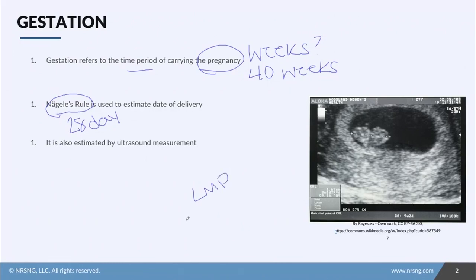We are going to subtract 3 months, add 7 days, and add 1 year. So for an example, let's say somebody's last menstrual period, they tell you, was December 1 of 2018. We subtract our 3 months, which puts us at September 1st, 2018.